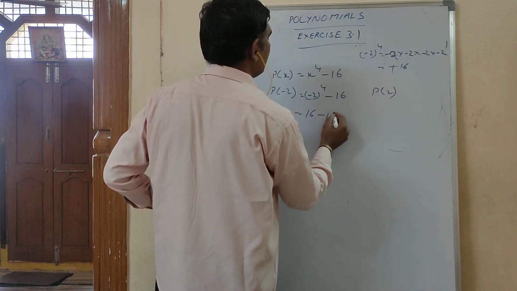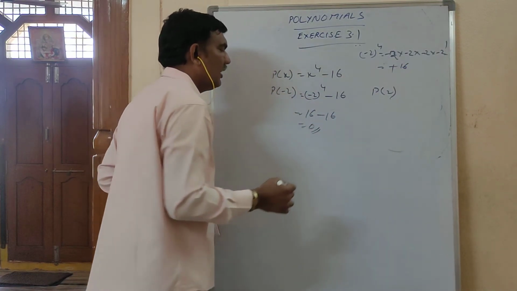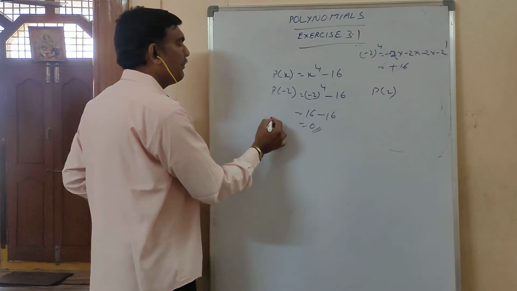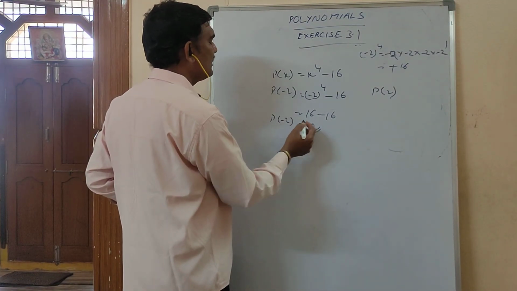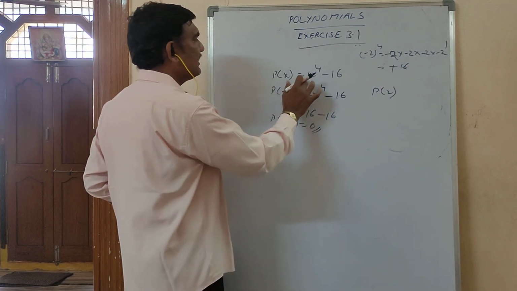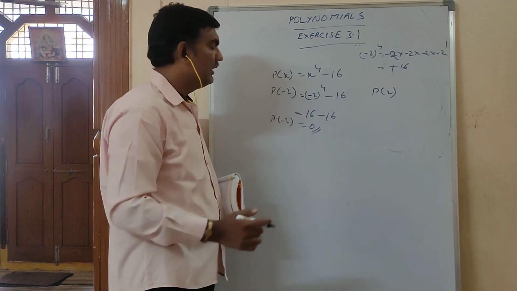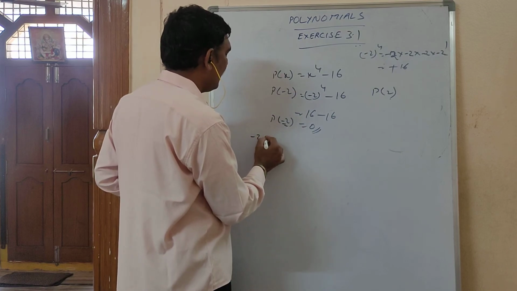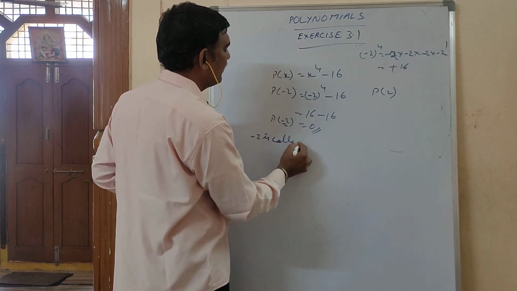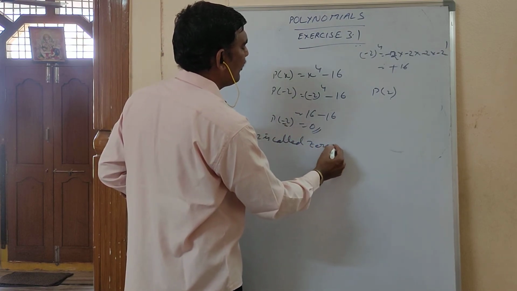So you get 16 minus 16. How much do you get? 0. If P of minus 2 is equal to 0, means at x equal to minus 2 you get the entire value as 0. This minus 2 is called a zero of the polynomial.